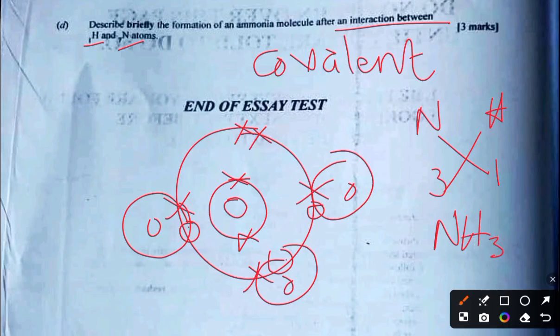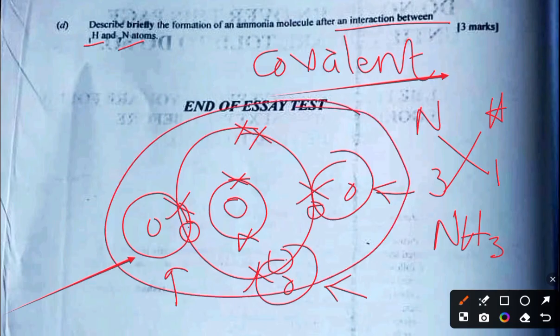So that's why I drew 3 atoms of hydrogen. 1, 2, 3. So this whole thing you are seeing here is the structure for ammonia. And I mentioned that it's a covalent bond. It's a covalent bond that gives you this diagram you are seeing.